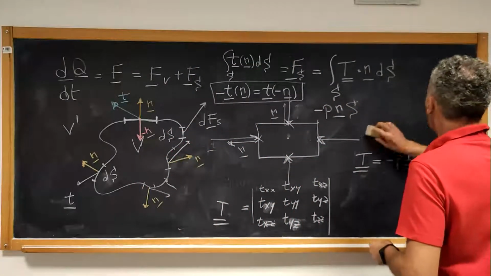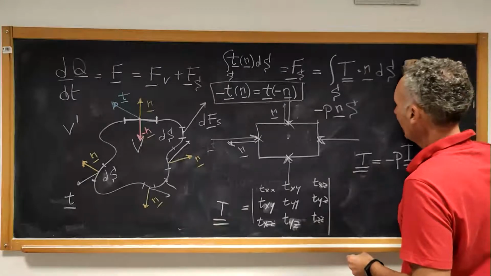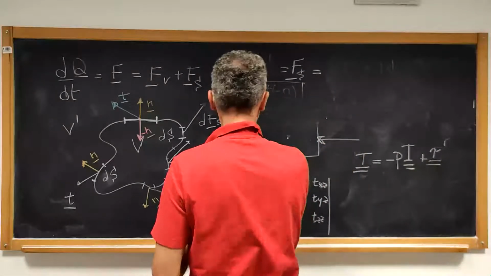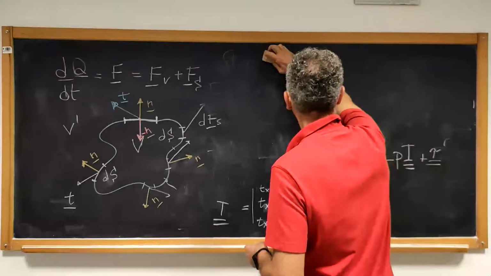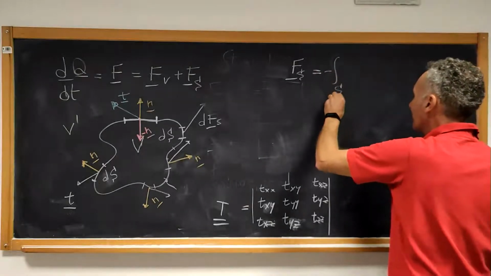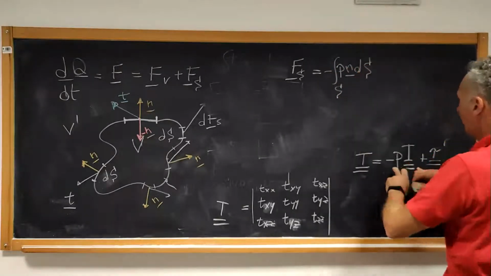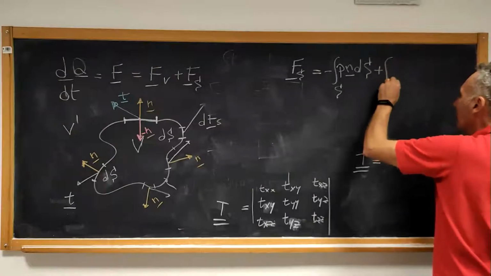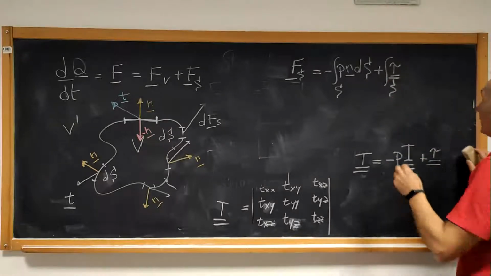So at the end, we can write that the surface forces can be written as minus the integral over S of P n dS, which is the hydrostatic part already projected along the normal, plus the integral over S of tau, the deviatoric part, dot n dS.